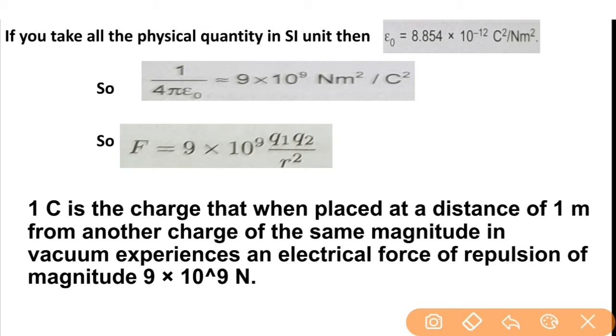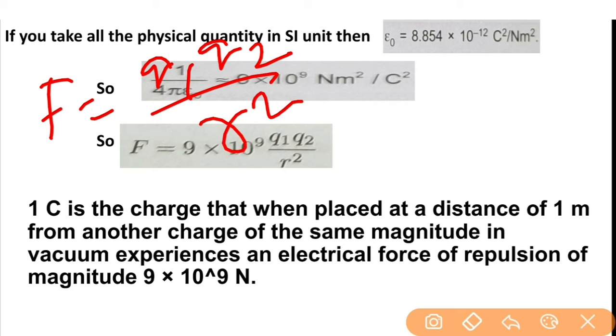If we take Coulomb's mathematical form in the CGS system, then we get F equals Q1 Q2 by R square. Here we put K equals 1, because in the CGS system K equals 1 for vacuum. So we can also get the definition of charge in the CGS system.